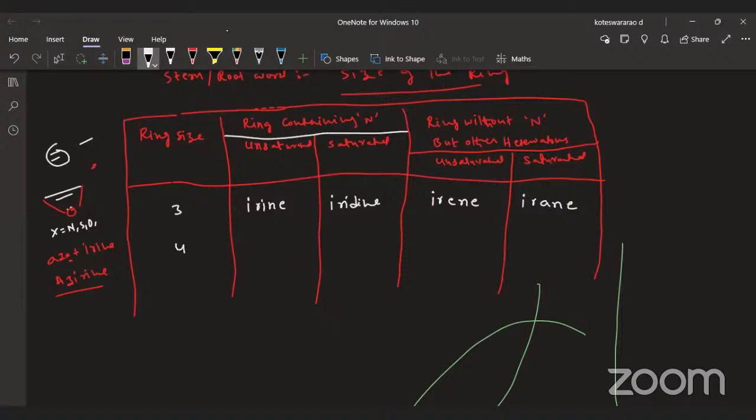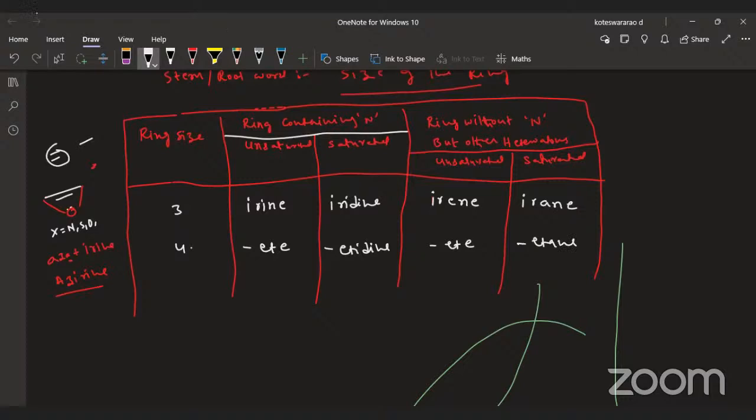Similarly, 4-membered ring. If it is saturated with nitrogen heterocyclic, nitrogen atom, it is saturated one, etidine. It is the oxygen heterocyclic, etane.